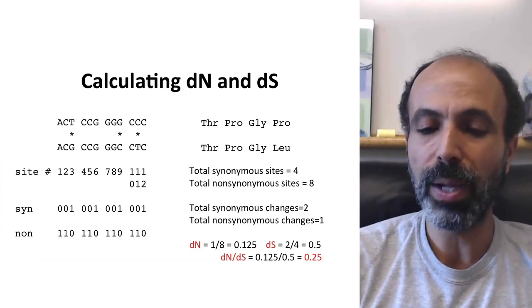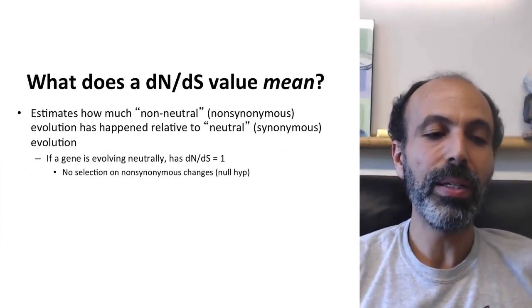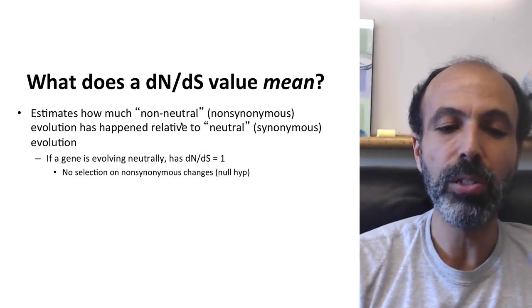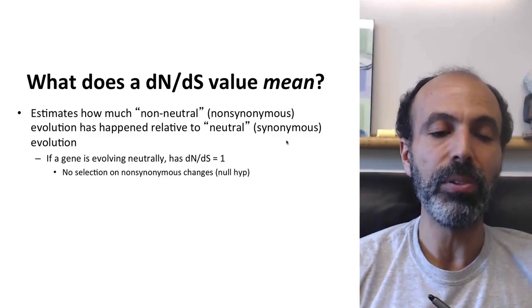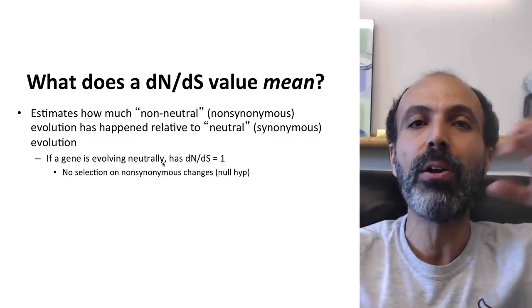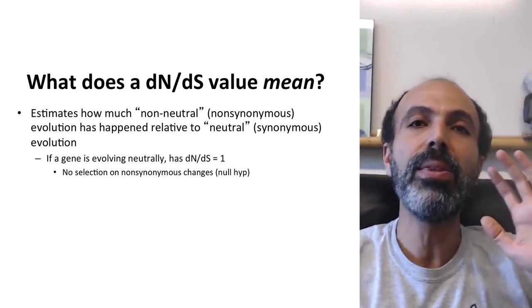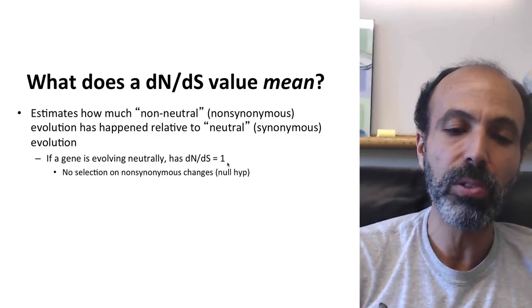Now, you might wonder, what does any dN/dS value mean? Well, this is estimating how much non-neutral or non-synonymous evolution has happened relative to neutral or synonymous evolution. If a gene is evolving truly neutrally, if it really didn't matter what differences you saw, if anything was equally okay in terms of fitness, we expect a dN/dS value close to 1.